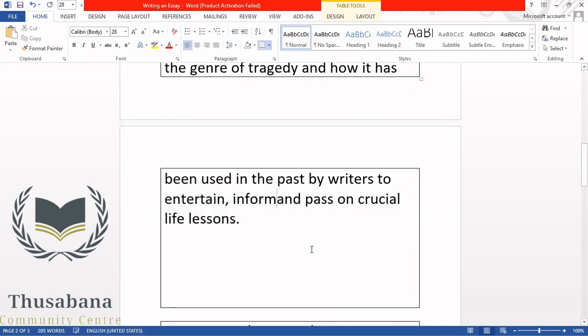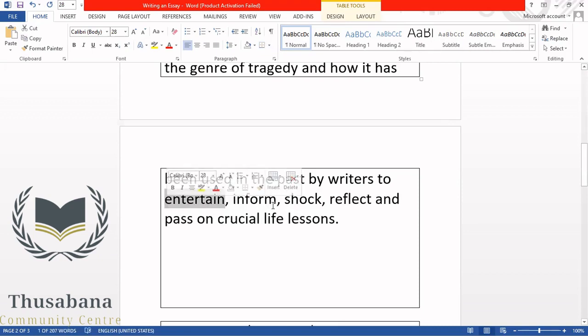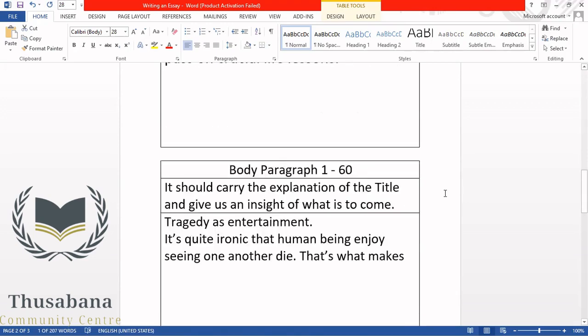You can also say shock, reflect, and so the first one would be tragedy as a form of entertainment, because people like seeing people die. I just explained that. But information, right? As much as Julius Caesar was about, so this is the second paragraph.